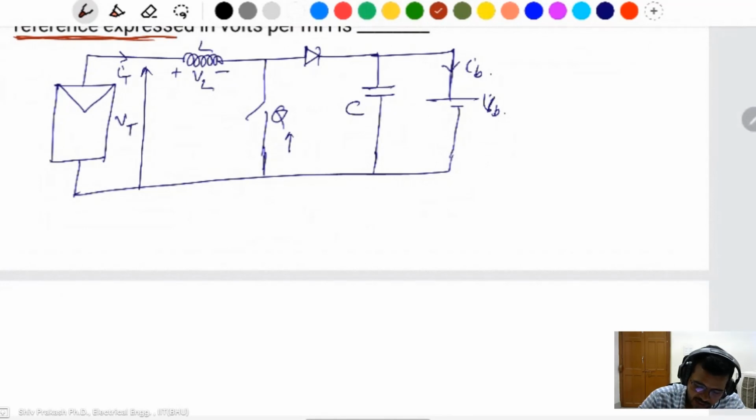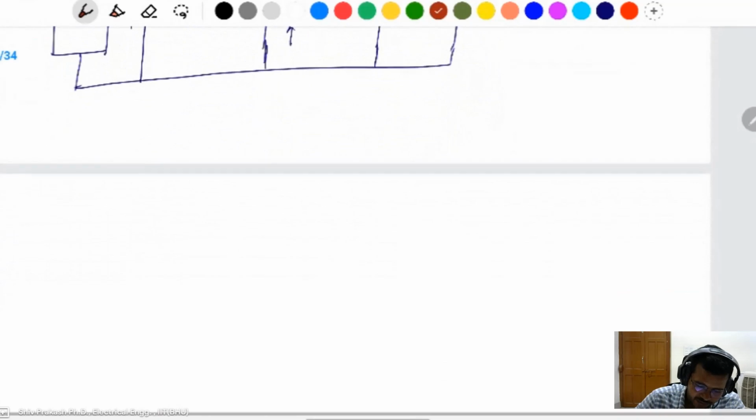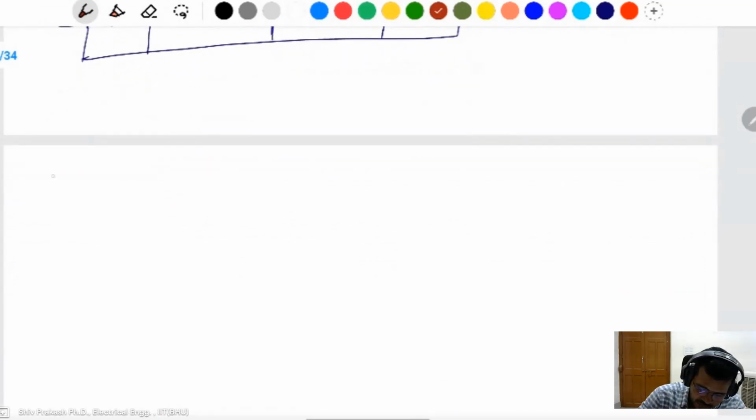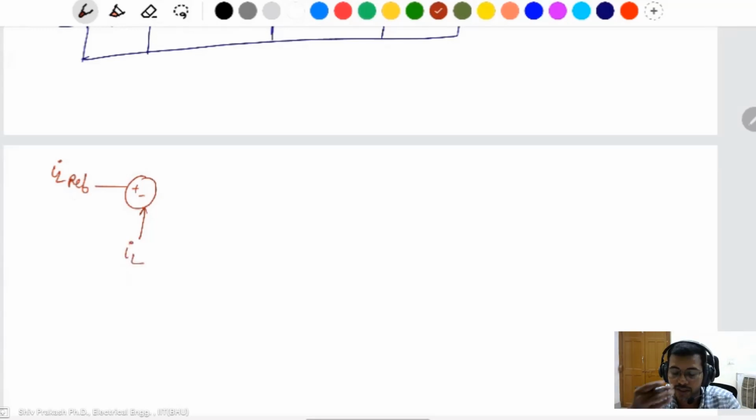This one IT is the same as the IL reference, the current control IL reference. So now the IL reference is set by the MPPT algorithm.